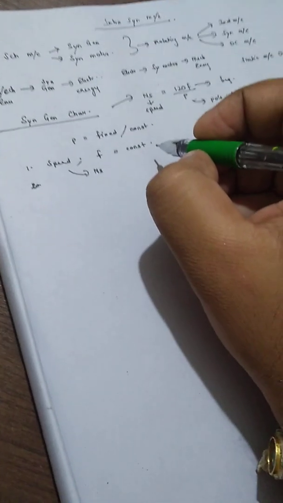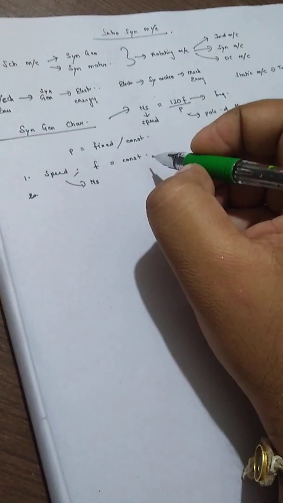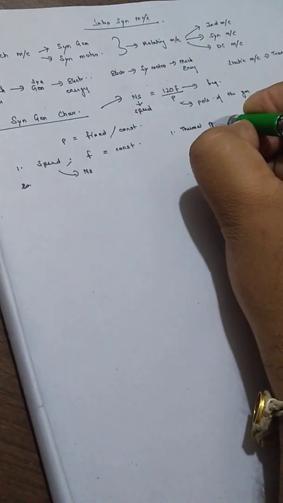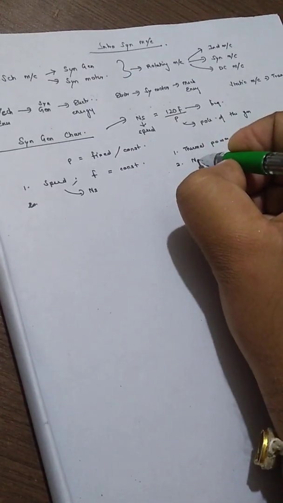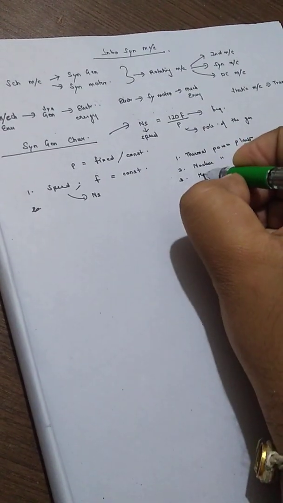We can define that a synchronous machine can be used in thermal power plants, nuclear power plants, hydro power plants.